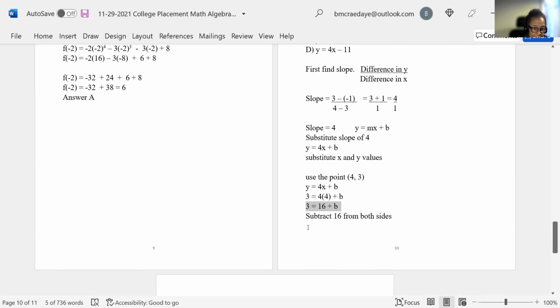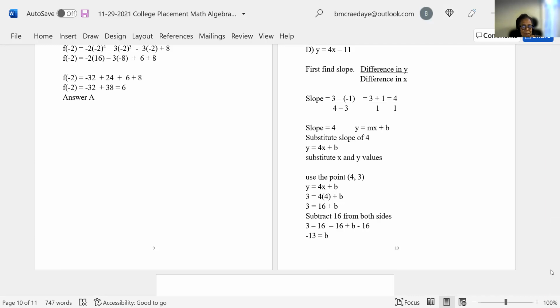Let's put this here. So subtract the 16 on the right and subtract it on the left. So minus 16. So that means you'll get what? Minus 13 equals b.